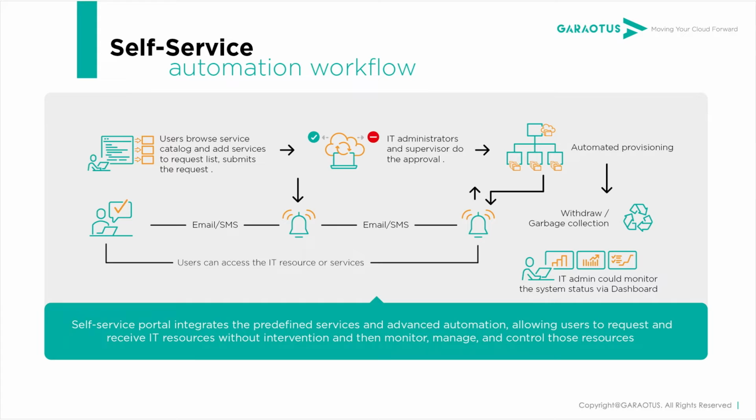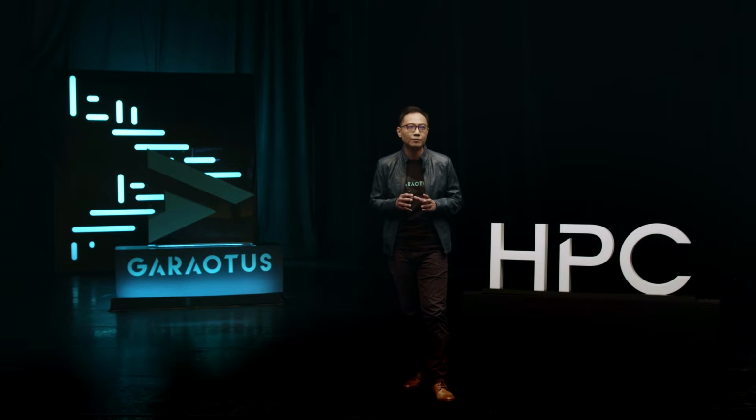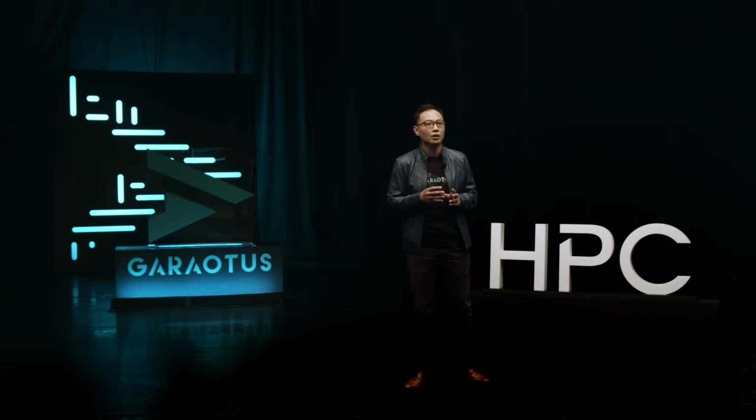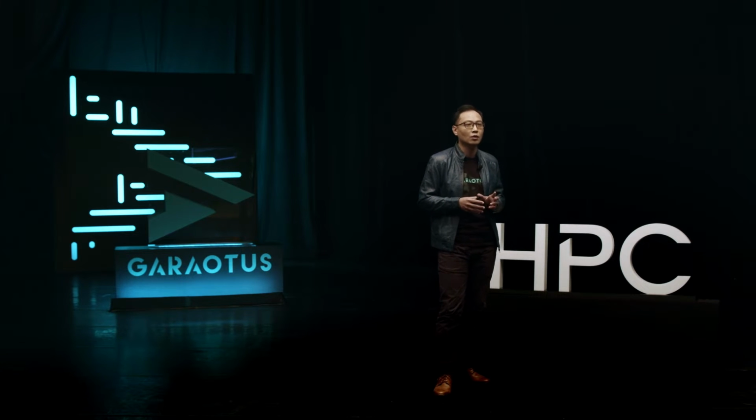The IT administrator is also able to monitor the system status and usage via the dashboard on the platform itself. This self-service portal integrates predefined services and advanced automation processes, allowing users to request and receive IT resources without human intervention, and offers the capability of monitoring, managing, and controlling those resources in a better orchestrated way.